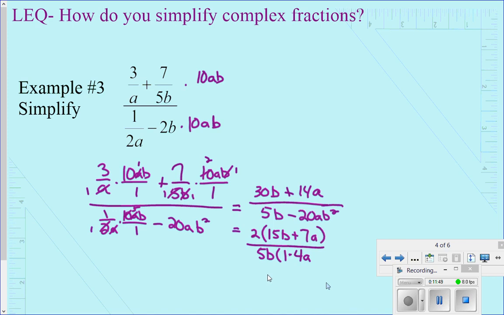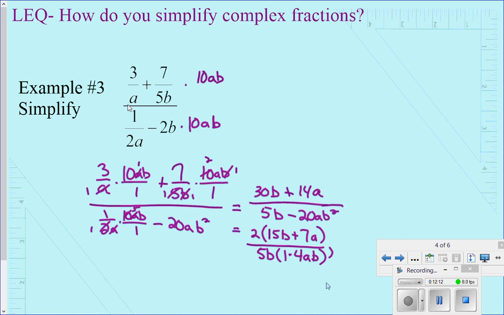So 1 times 5b and 5b times negative 4ab. So negative 20ab squared. Yep, that looks good. So it looks like factoring the 2 and the 5b out didn't really do a whole lot for us. No common factors to cross off. But now we can get our domain restrictions.